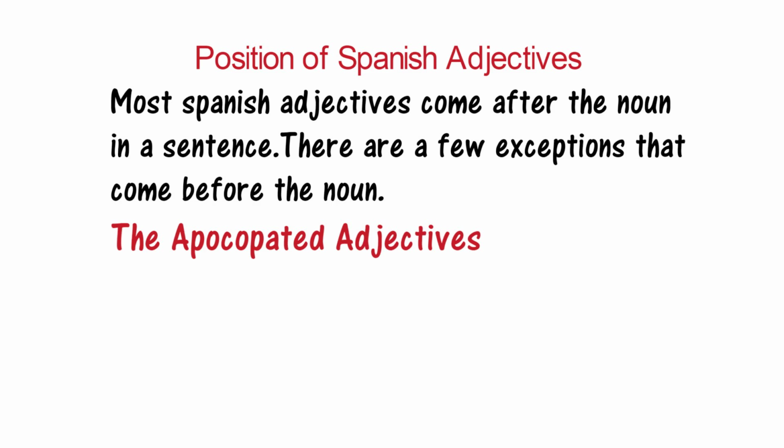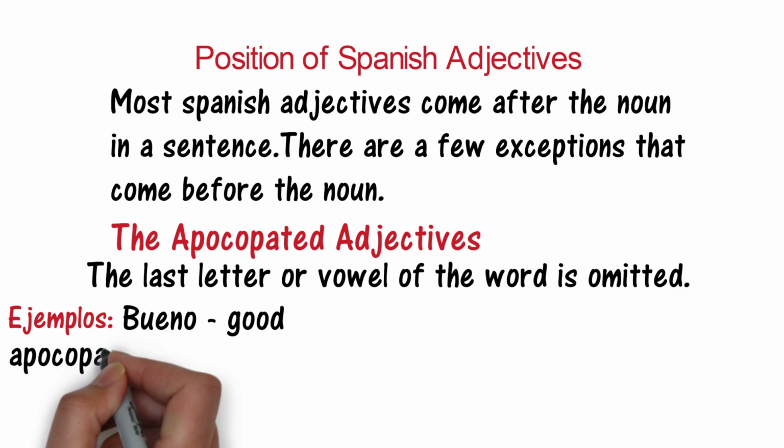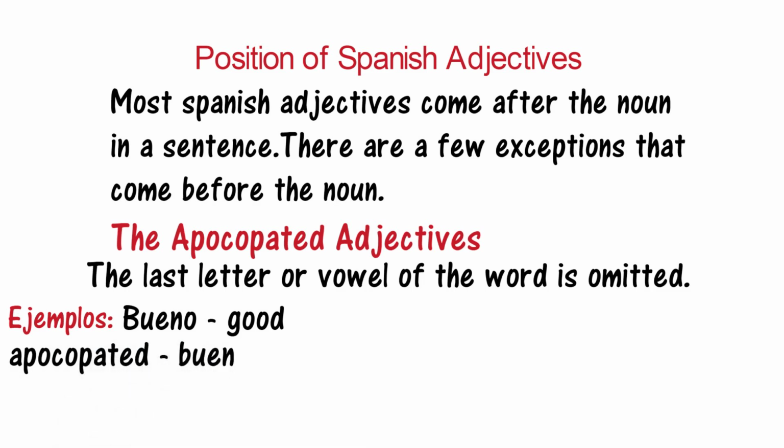Apocopated adjectives are normally cut short, where you miss out the last letter or vowel of the word. An example is bueno. Bueno means good, but if it is apocopated, it becomes buen, and it comes before the noun and not after the noun.